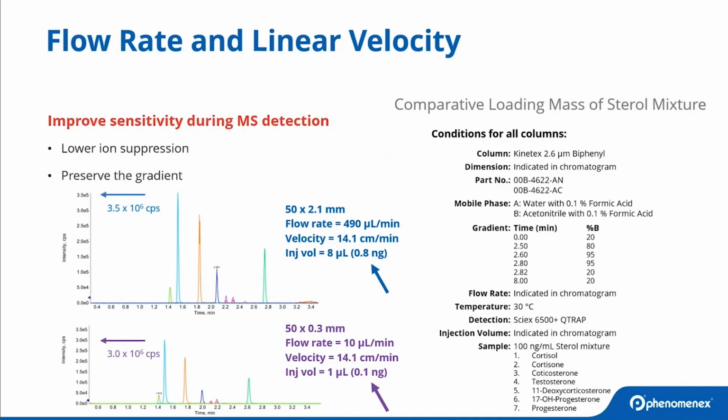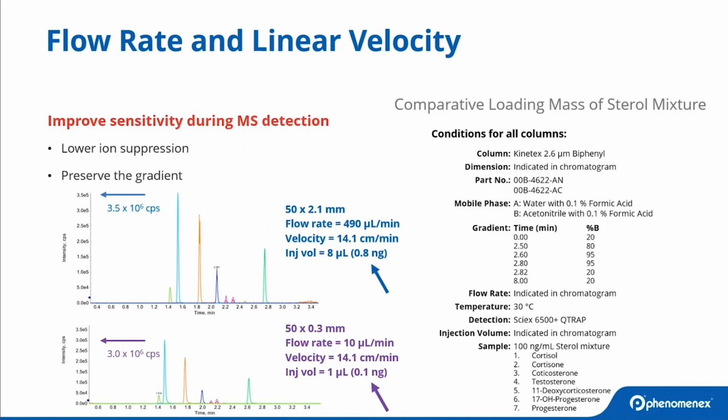The linear velocity has been preserved. The flow rate has been scaled proportionally. And you'll see that, one, we are maintaining the same time points for the gradient, achieving more or less the same retention times, comparable retention times.